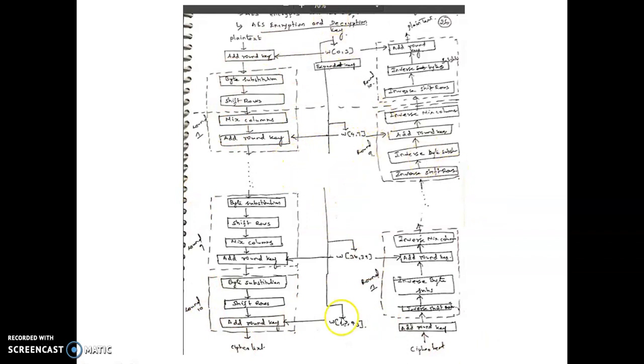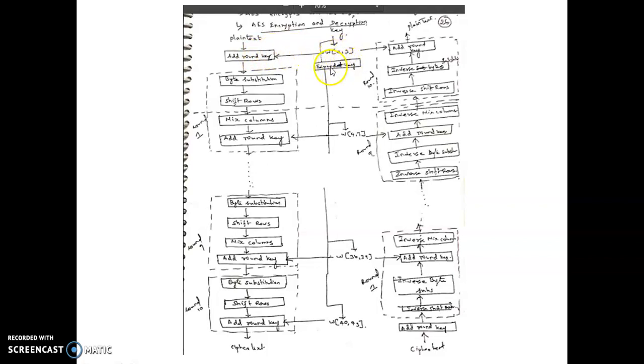So the central portion is the key generation process. A 128-bit key is used. This 128 bits is divided into 4 words. W means word. 4 words means each word is 32 bits. So the add round key is used with this key.